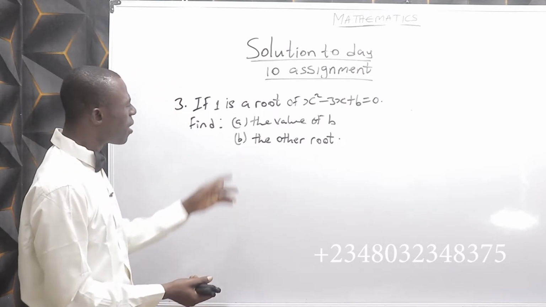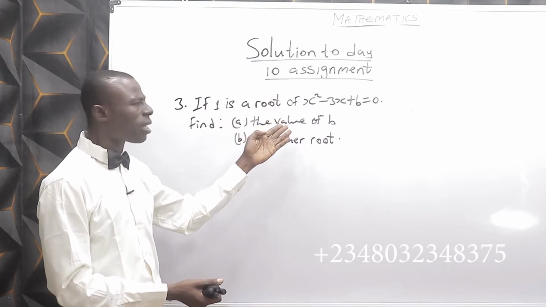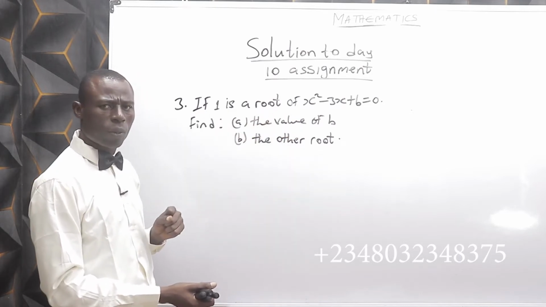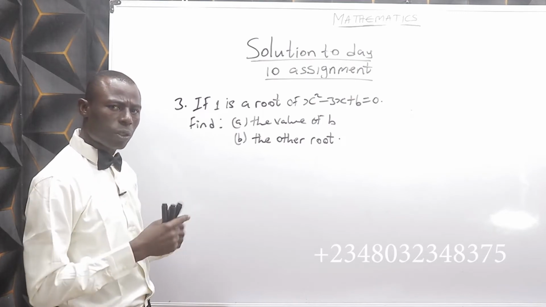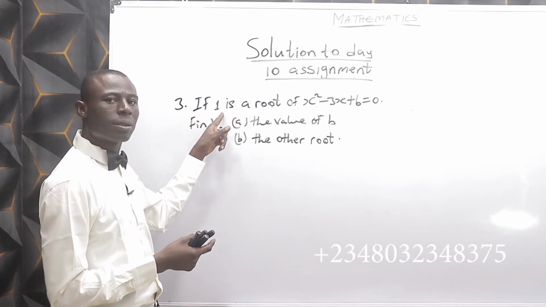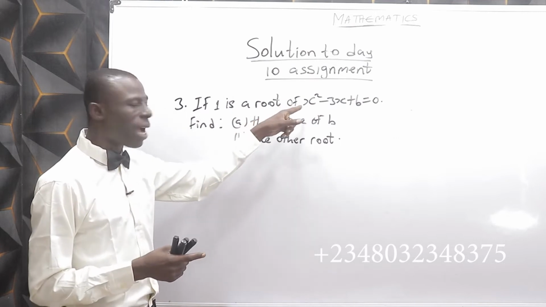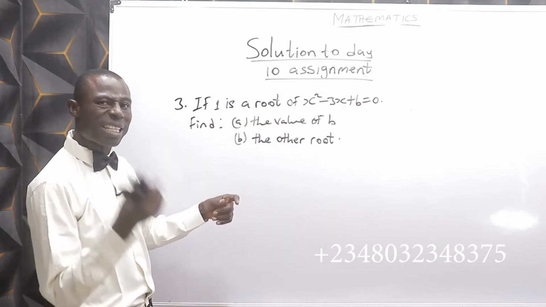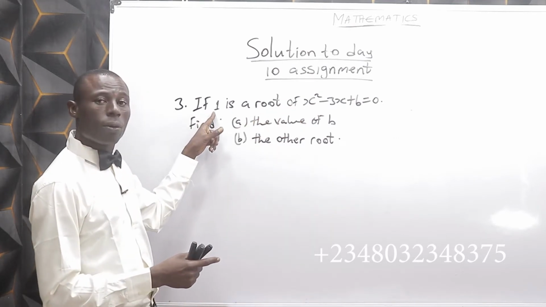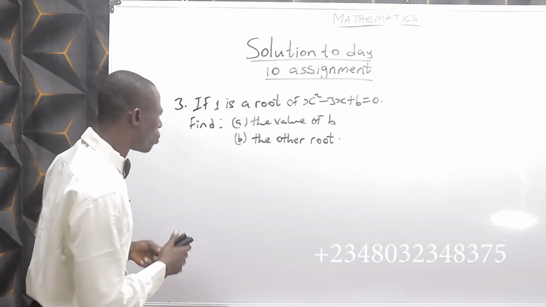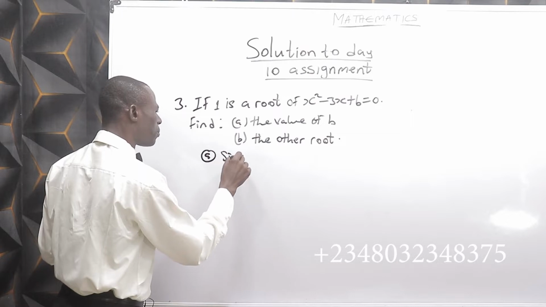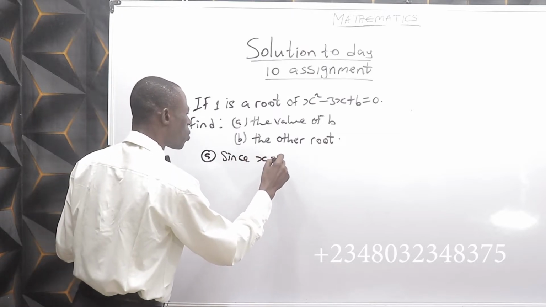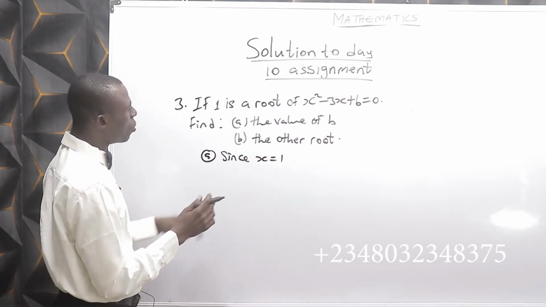Therefore, in this case, the variable used in this equation is variable x. And we have been given one of the two roots of the quadratic equation to be 1. Meaning that the variable x is exactly equal to 1. So you will write, to answer question A, since x is equal to 1, the variable is equal to the root.